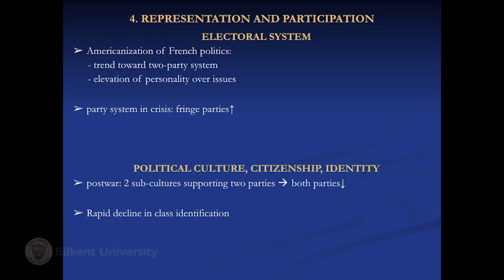Political culture, citizenship, and identity-wise, we've got, in the post-World War II period, two subcultures supporting two parties or two coalitions on the center-right and center-left. Both were at the center.